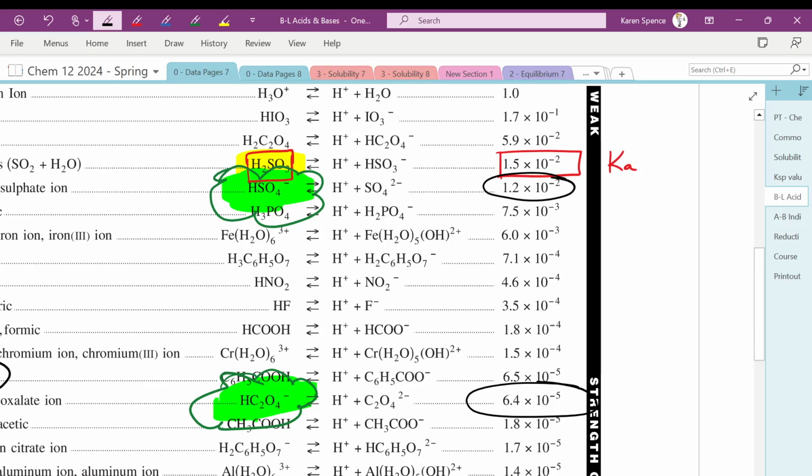Now, we are being asked to use the Ka values, but if you were not asked to use them, you could just say that HSO4 is stronger than HC2O4, therefore HSO4 will act as the acid and HC2O4 will act as the base. Okay, let's go back here.